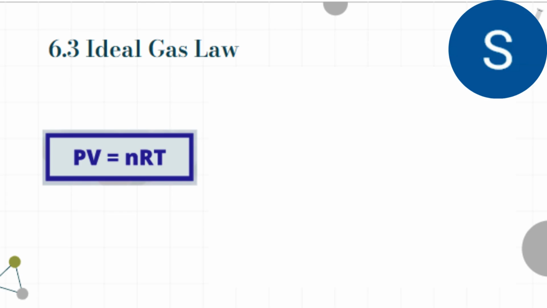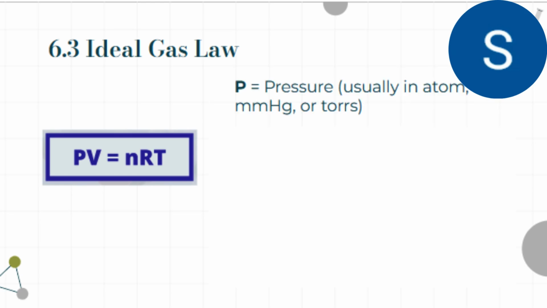Now we are going to switch gears and look at the ideal gas law. This is represented by the equation PV equals nRT. It is important to remember what each of these variables stands for. First, P stands for pressure. V stands for volume, usually measured in liters.